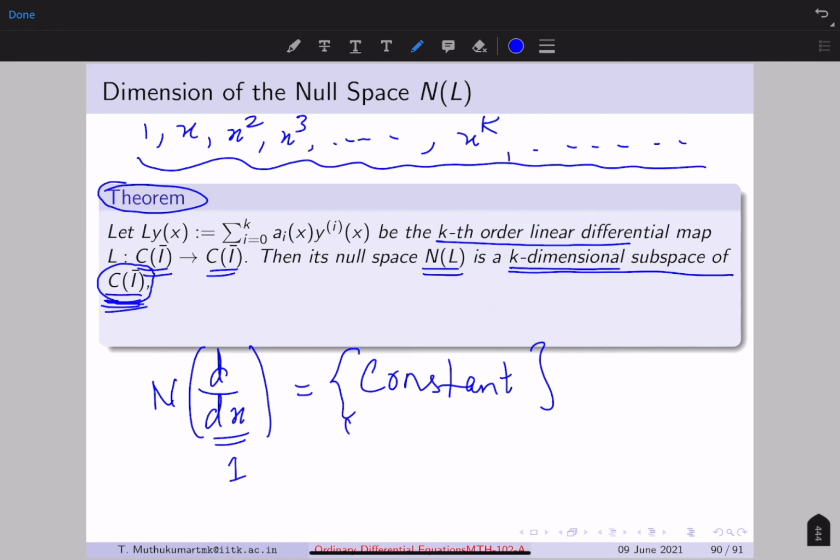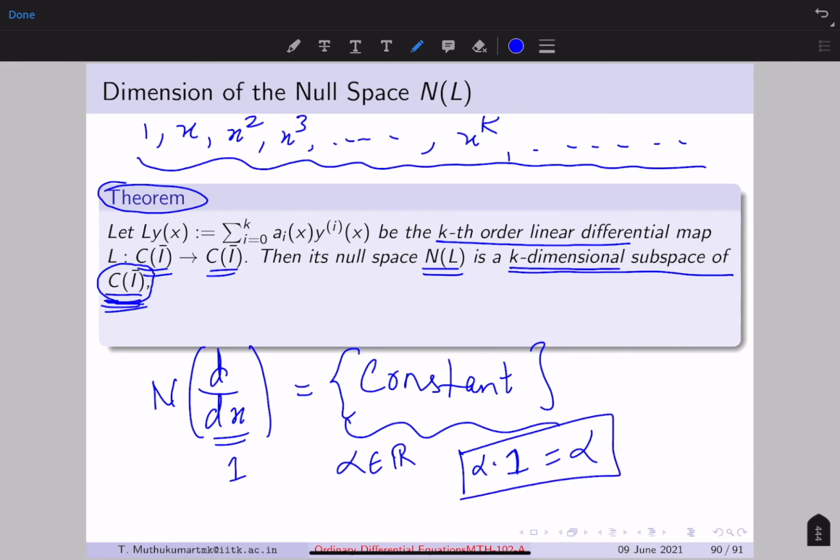So what is the dimension of the set of all constant functions? All constant functions can be spanned by the constant function 1. You take 1 and any real number alpha, and alpha times 1 gives you all constant functions.